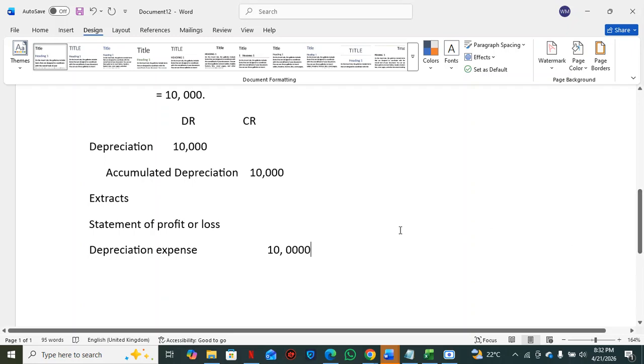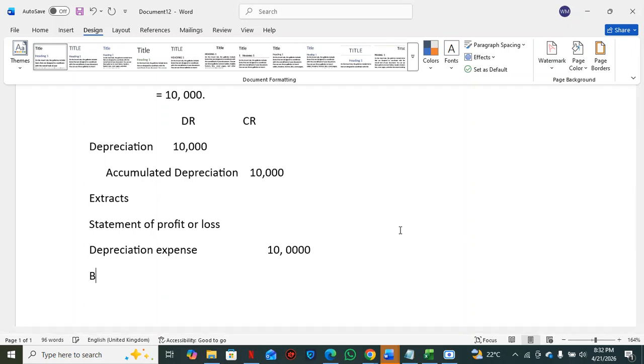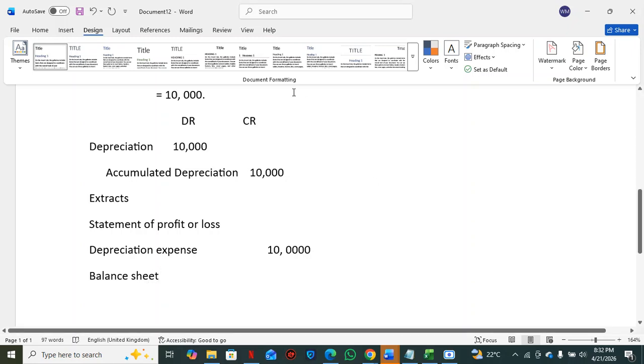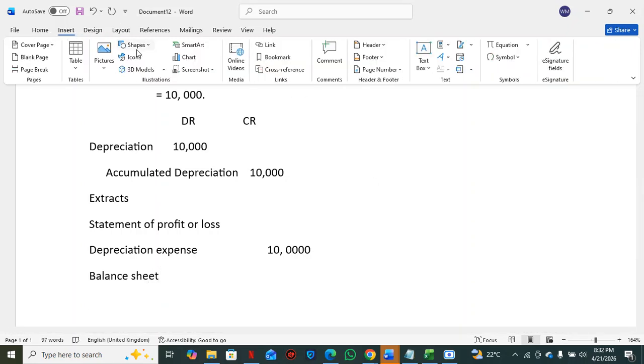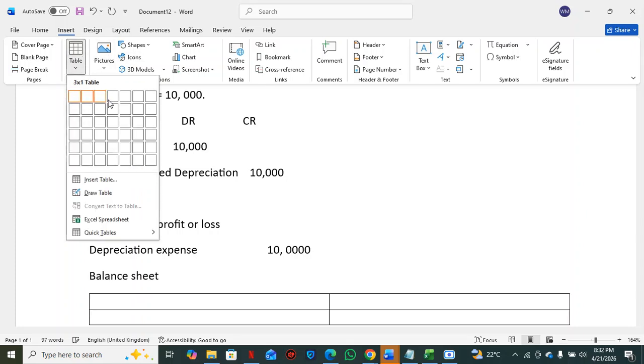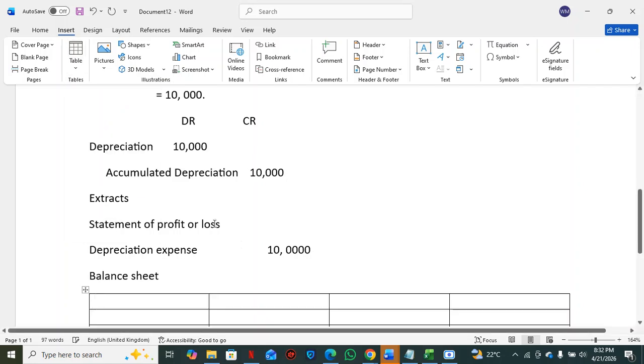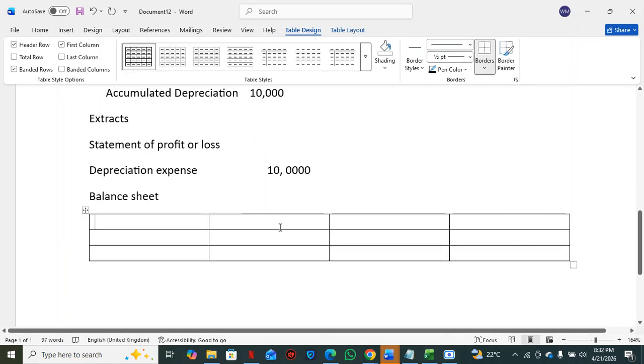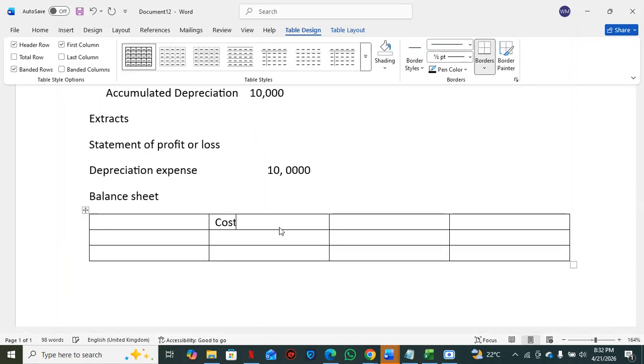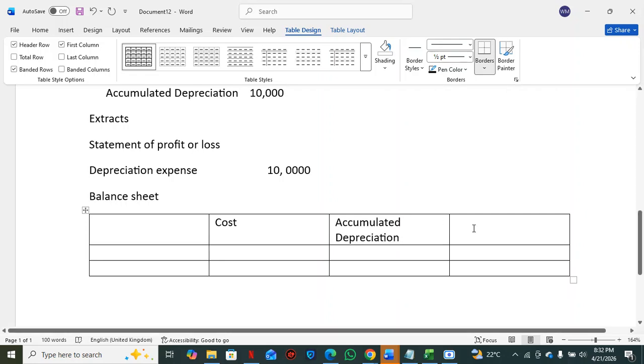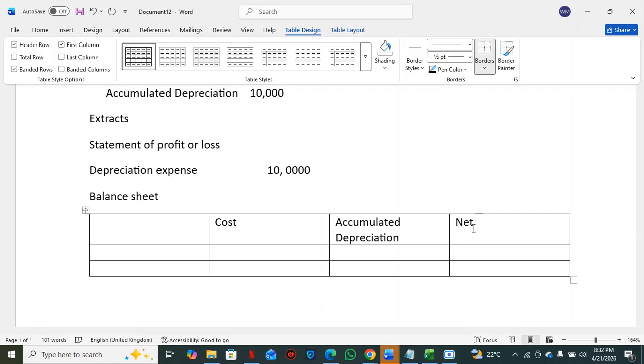Then in your balance sheet, you have cost, accumulated depreciation, and net book value.